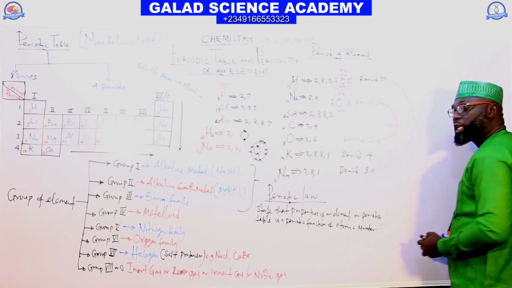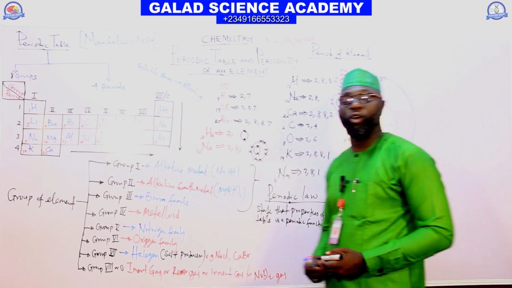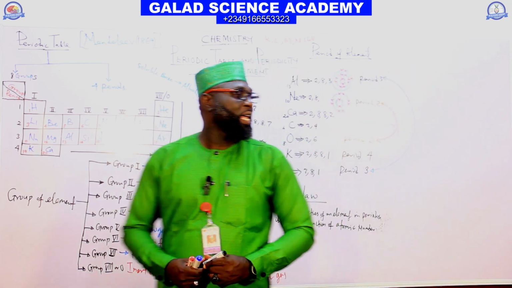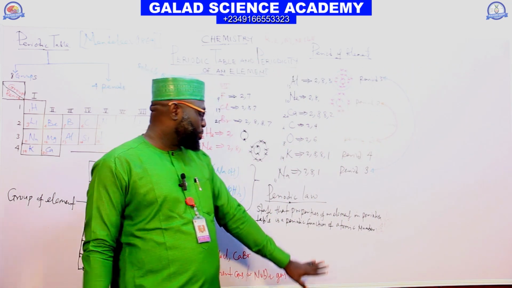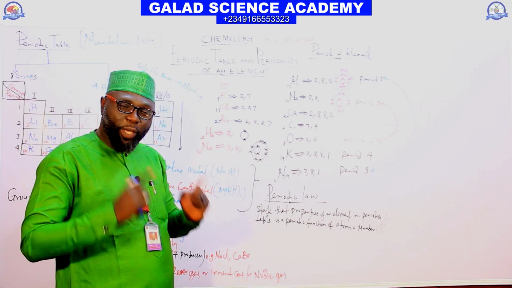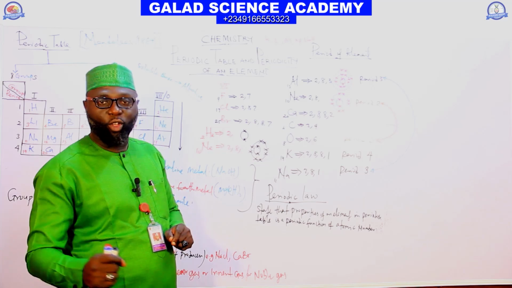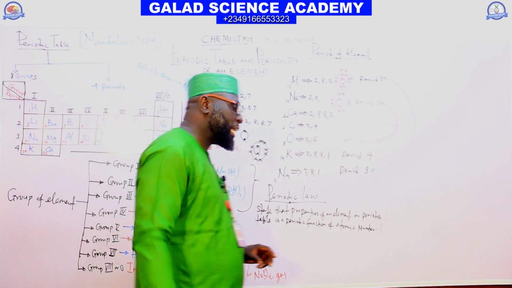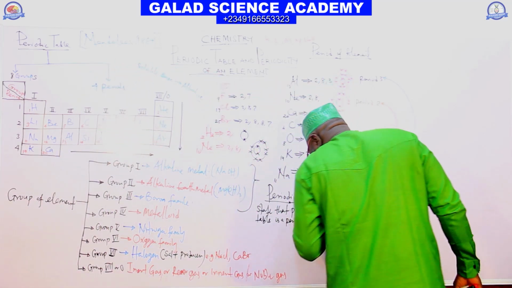Do you know the meaning of this statement? It says that the properties of any element in the periodic table is a periodic function of atomic number. Let me interpret this law.